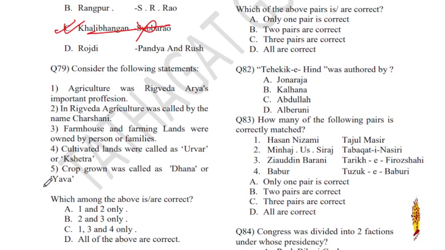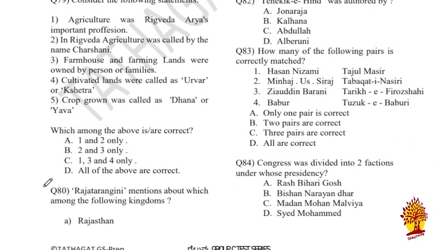Next, 79. Related to Rigveda and agriculture. Agriculture was Rigveda's important profession. Next, in Rigveda, agriculture was called by the name of Charsani.